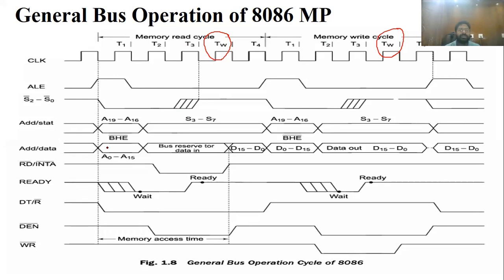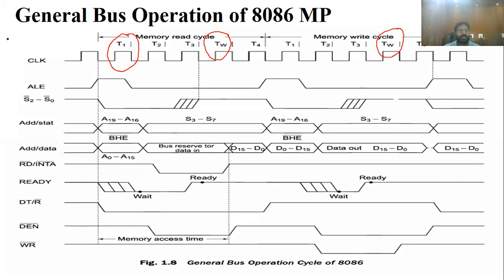Now see this once again. You can see the memory read and memory write cycles. At the first instant of time, at the T1 time period, you have the address and data lines as multiplexed lines. Multiplex means the same lines you can use for both data as well as address.